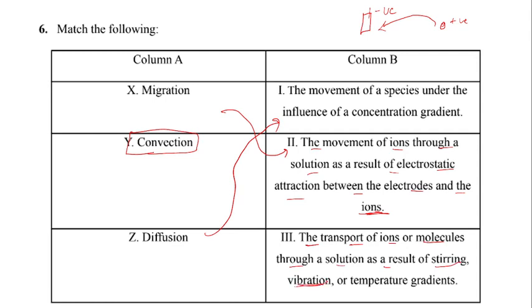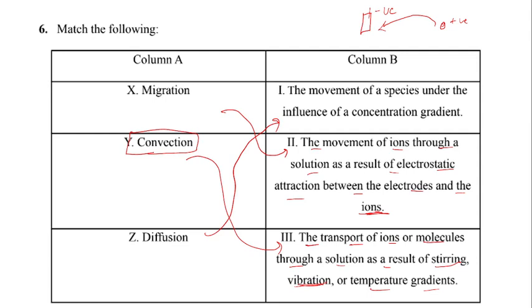Vibration is also one kind of energy; you are providing energy due to vibration. Or temperature gradient: if there is a temperature gradient, then also your ion will move. Movement of ion due to these energies is considered as convection. So these are the three phenomena which are responsible for ion movement.